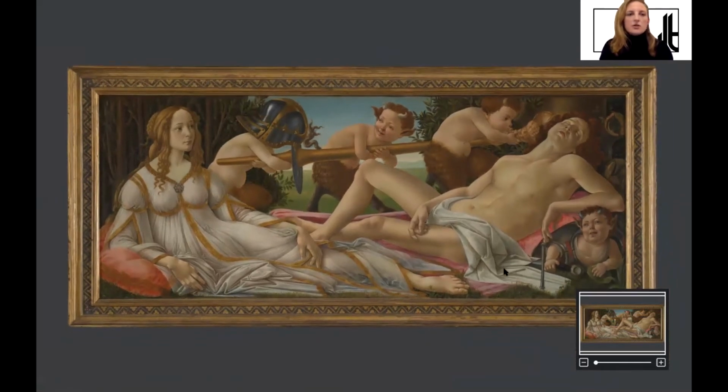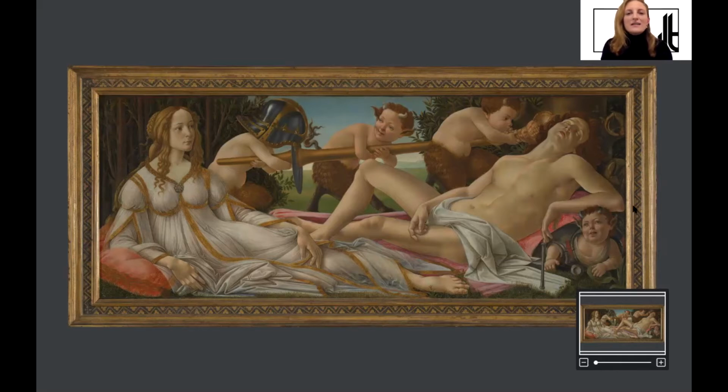We have two trees either side defining the two edges of the picture. So she is set against a tree and some foliage, and he is also set against a tree, some leaves we see behind him, but significantly and importantly, we can see this tree stump, which we're going to have a little closer look at in a short while.